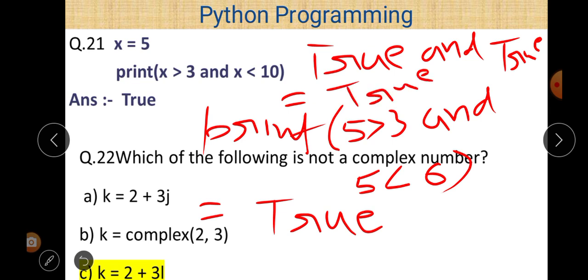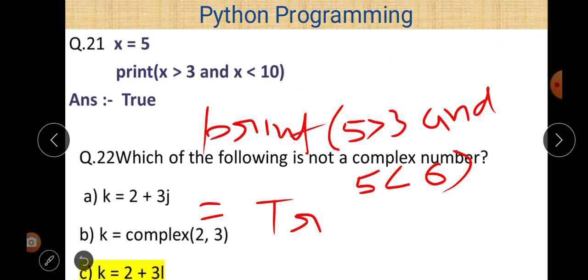In simple words, we can say that when more than one condition is there and these conditions are separated by AND operators and their final result is found to be true, then our final answer should be true. And if any one condition is found to be false, then our answer should be false.